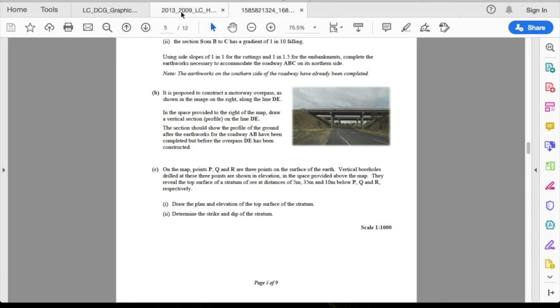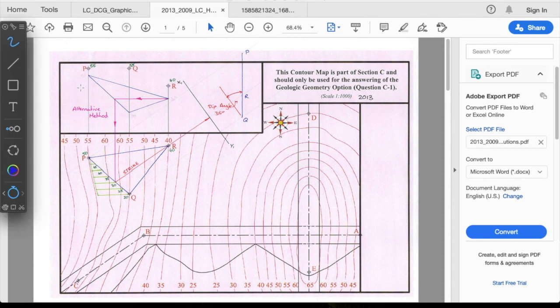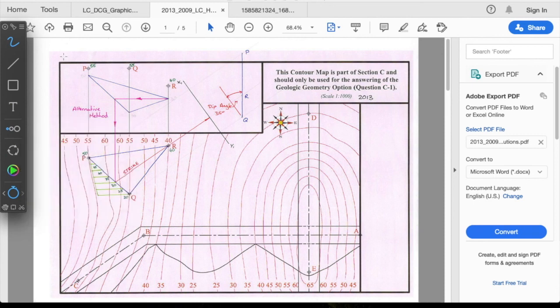In my solution, you'll see we have 55 here, and they drill down 5 meters, so this first one is down at 50. Then we have 55 again, coming down 35 meters, so we're at 20.